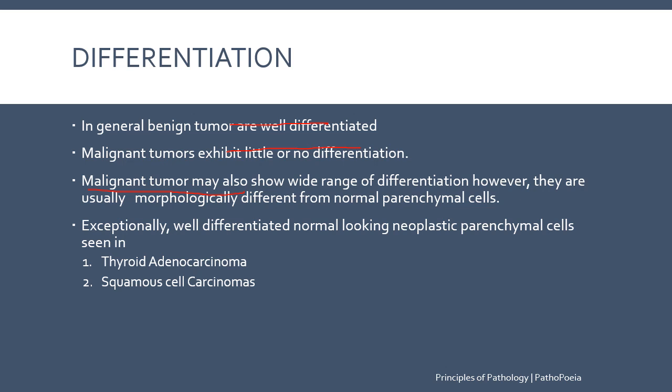Exceptionally, well-differentiated, normal-looking cells having neoplastic malignant features are seen in thyroid adenocarcinoma and squamous cell carcinoma.